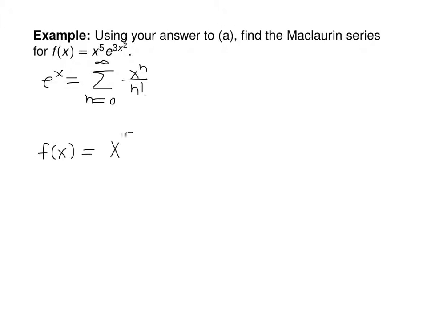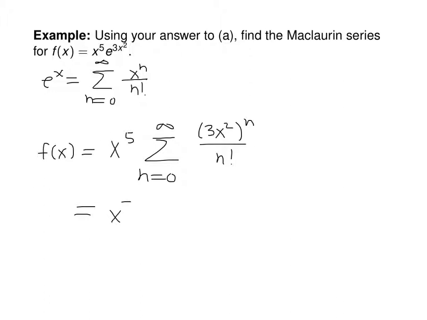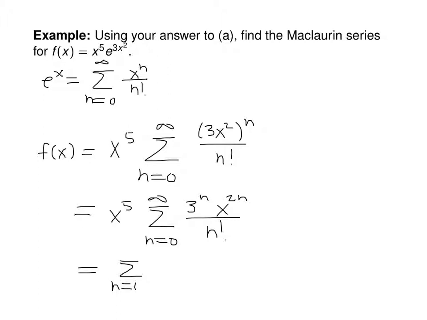So we have x to the 5th times the sum from 0 to infinity, 3x squared to the n over n factorial, which is the same thing as x to the 5th times the sum from 0 to infinity, 3 to the n x to the 2n over n factorial. And bringing that x to the 5th in, its exponent adds to the exponent on the x to the 2n, over n factorial.